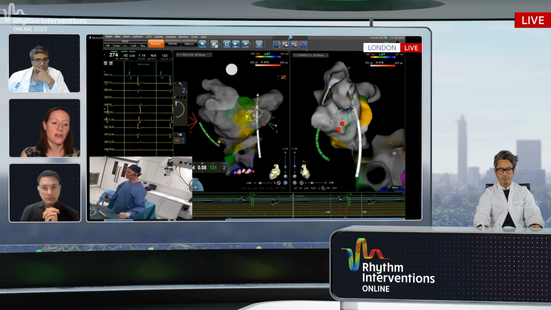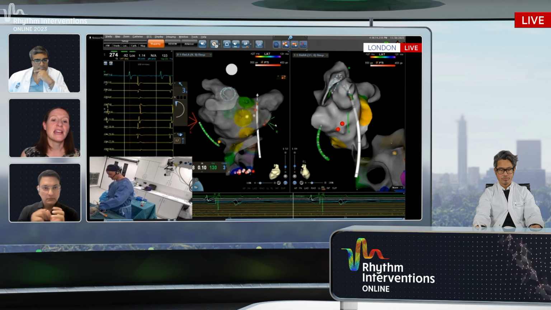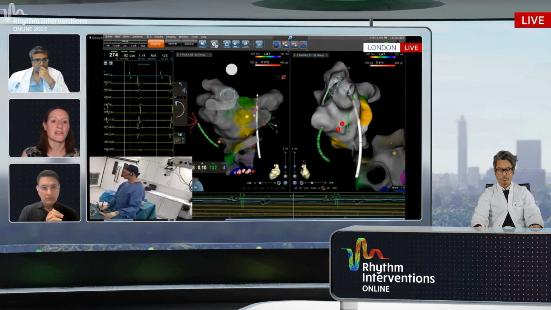Even if I'm using multipolar catheters, in a good percentage of cases I can't reproducibly find one non-PV trigger that I can then target. I tend to find non-PV triggers coming from a variety of different sources, and it's quite difficult in practice to localize them. So I will do that if the veins are isolated and I think it's very likely that there's a non-PV mechanism for this, but probably in this case I wouldn't.